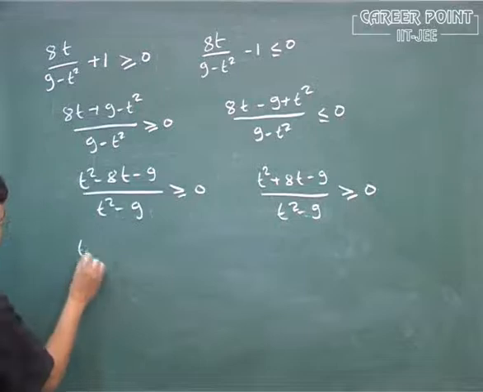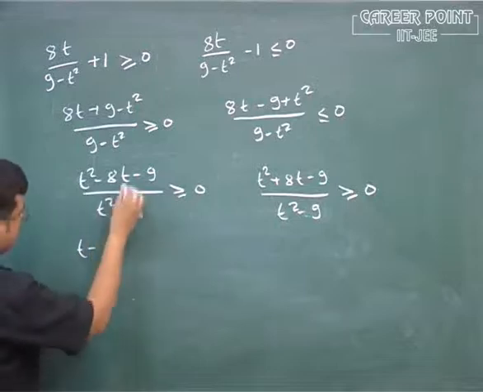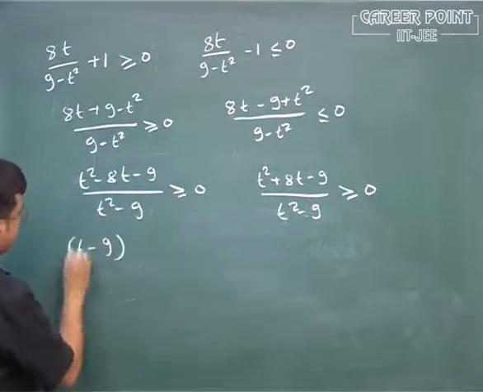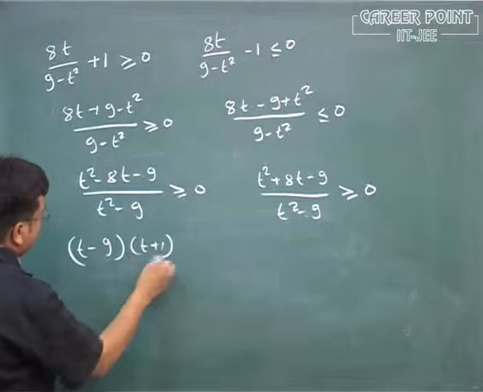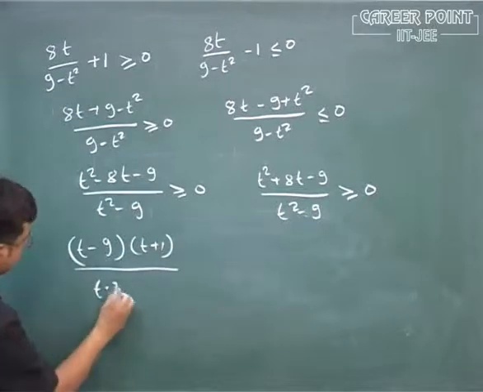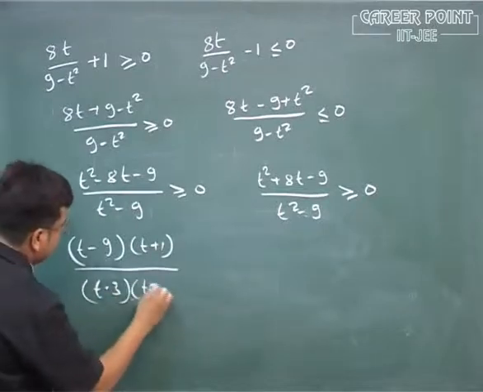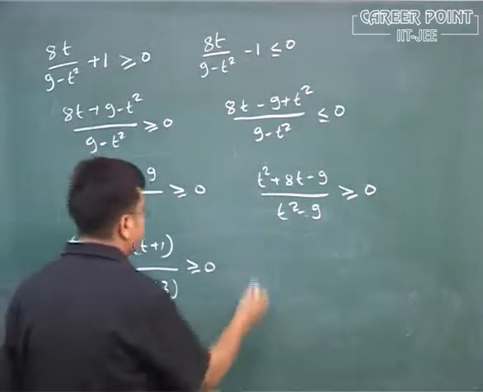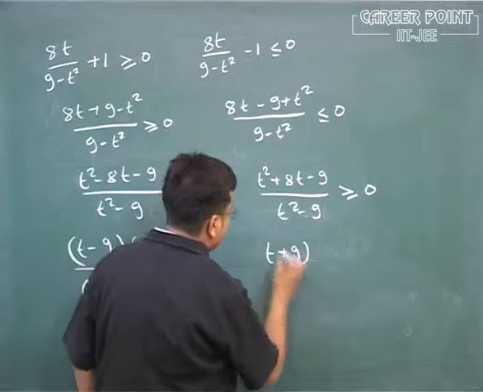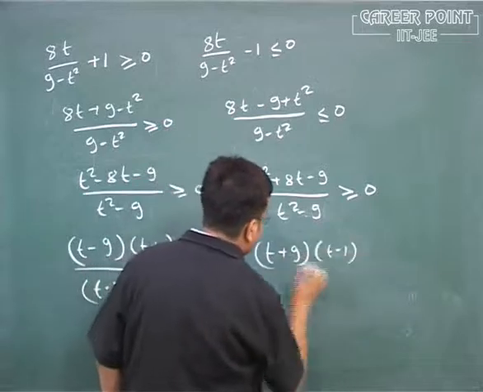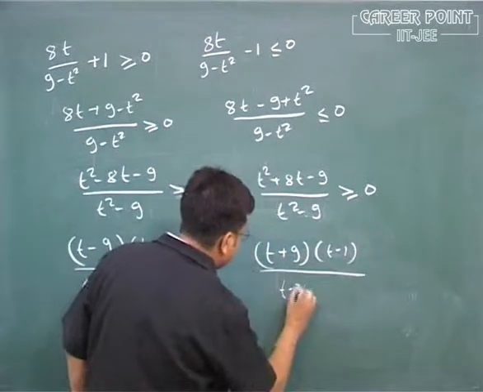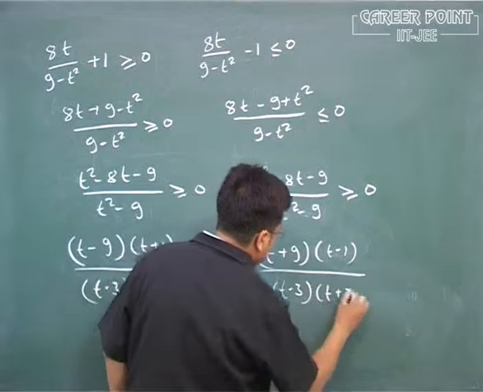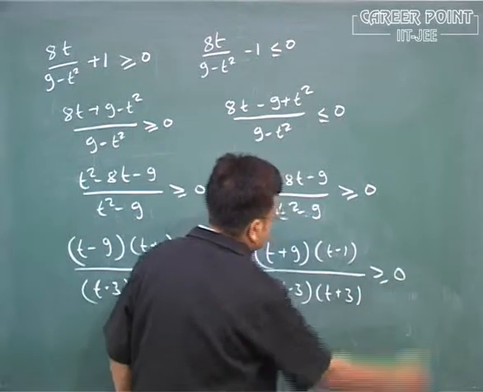From here we get (t minus 9) into (t plus 1) upon (t minus 3) into (t plus 3) must be greater than or equal to 0, and (t plus 9) into (t minus 1) upon (t minus 3) into (t plus 3) must be greater than or equal to 0.